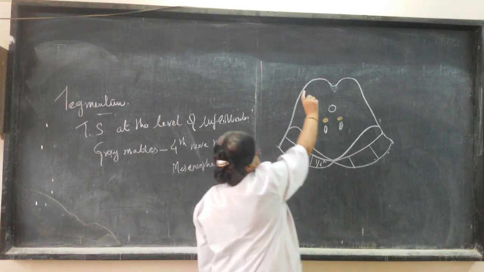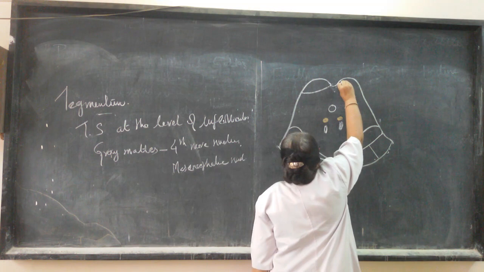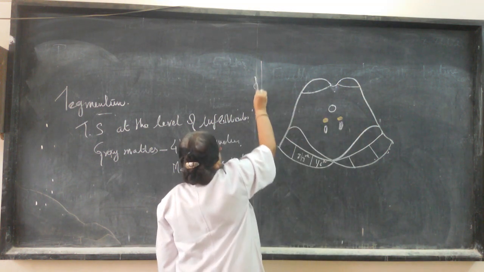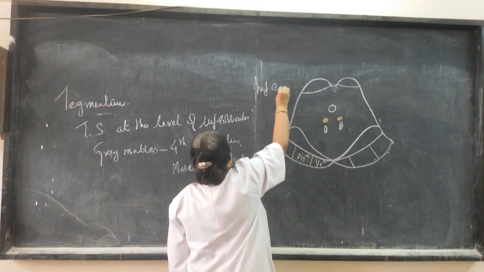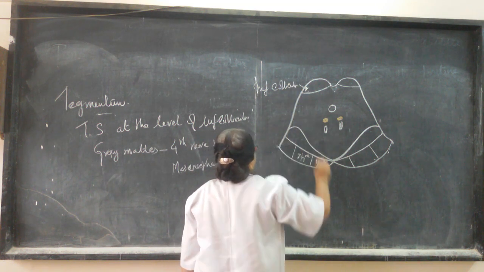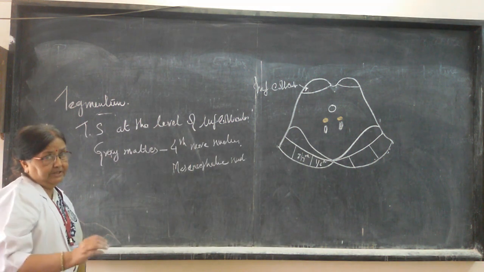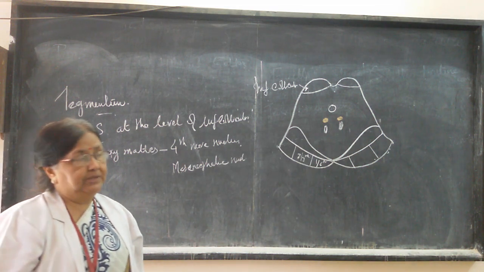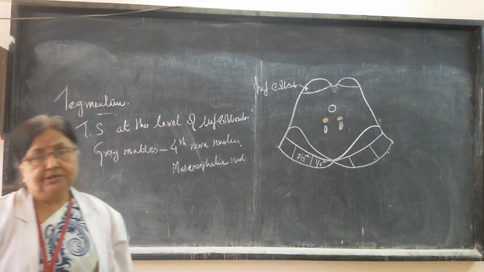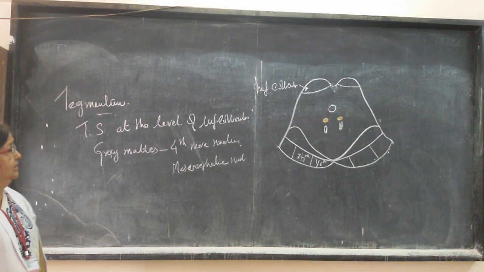Dorsally, this elevation is the inferior colliculus. Just below the inferior colliculus, we know there is the superior cerebellar peduncle, and the medial margins of the superior cerebellar peduncles are connected by the superior medullary velum.